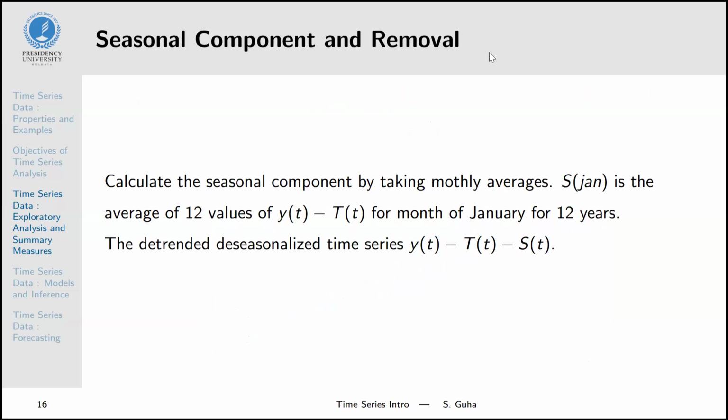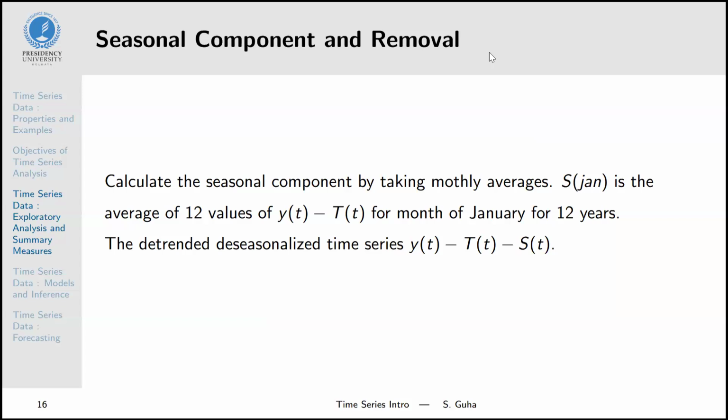Yes, sir. Okay. Now once you have got the seasonality value for January, similarly you can calculate the seasonal value for February, for March, and so on for all the 12 months, and you see then S_t will repeat. That way you have got the value of the trend function as well as the value of the seasonal function.